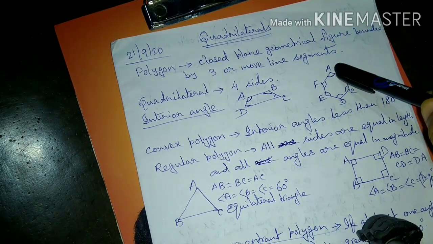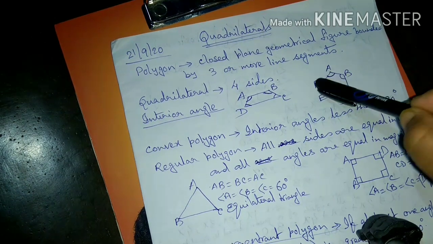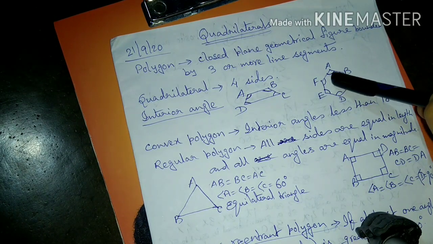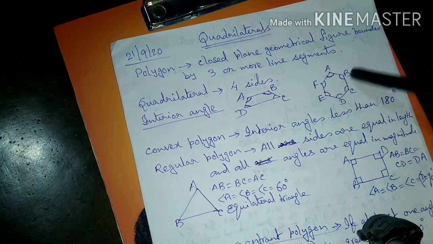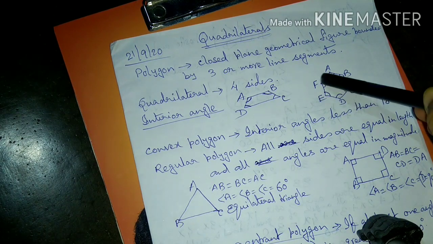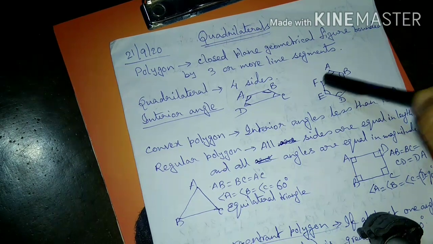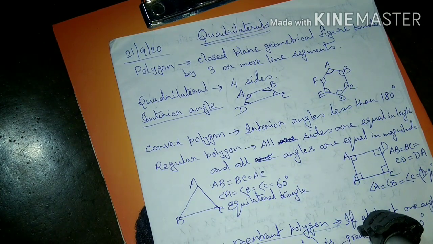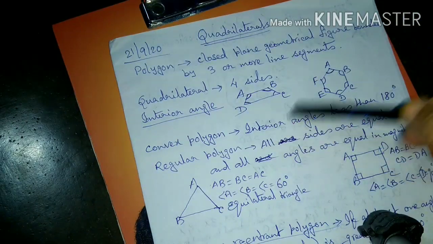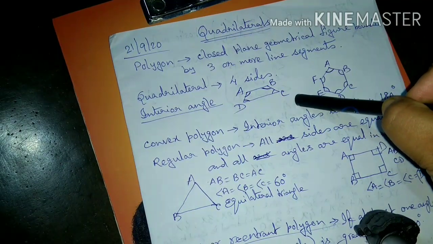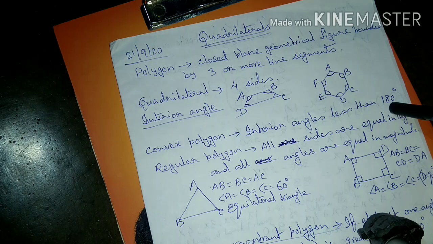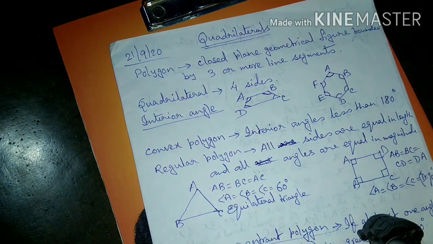Hexagon means a figure which is having 6 sides. So those inside angles, angle A, B, C, D, E, F, they are called the interior angles. So what is called convex polygon? If all the interior angles are less than 180 degree, then that is called convex polygon.